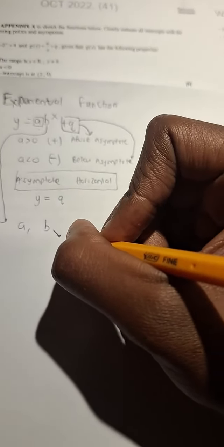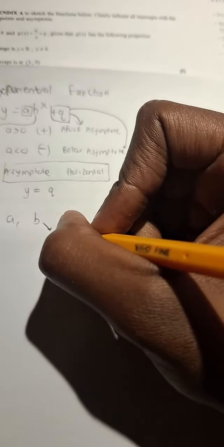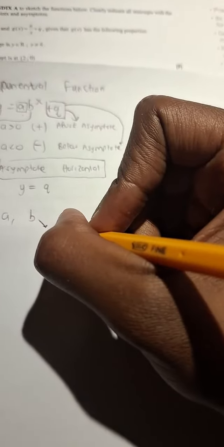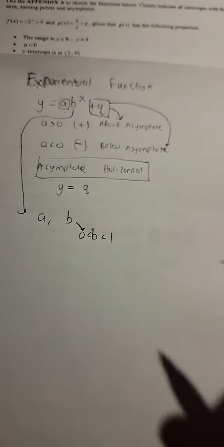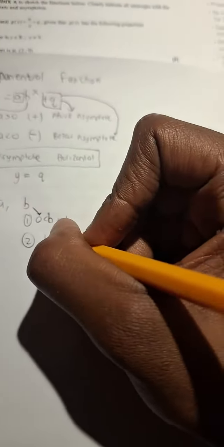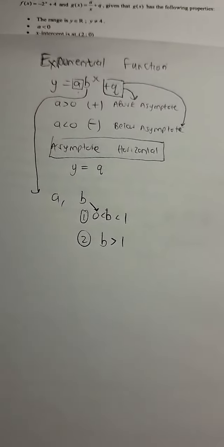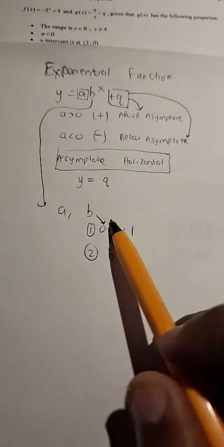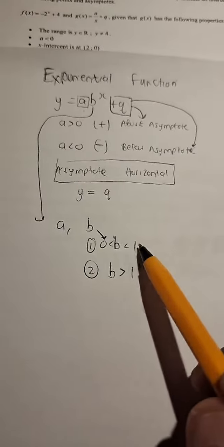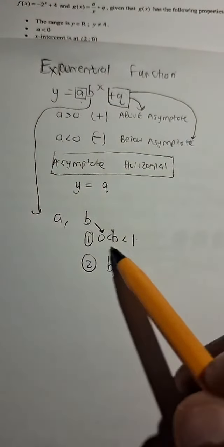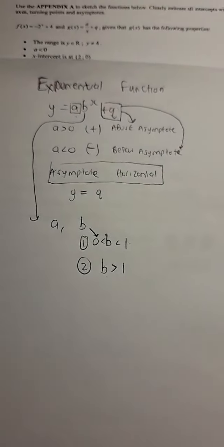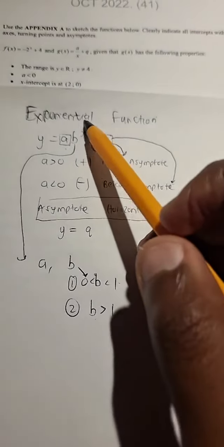And b can only be in two forms. b can either be a value that is between 0 and 1, or b can be a value that is greater than 1. And that's it. So that's what's important about an exponential function.